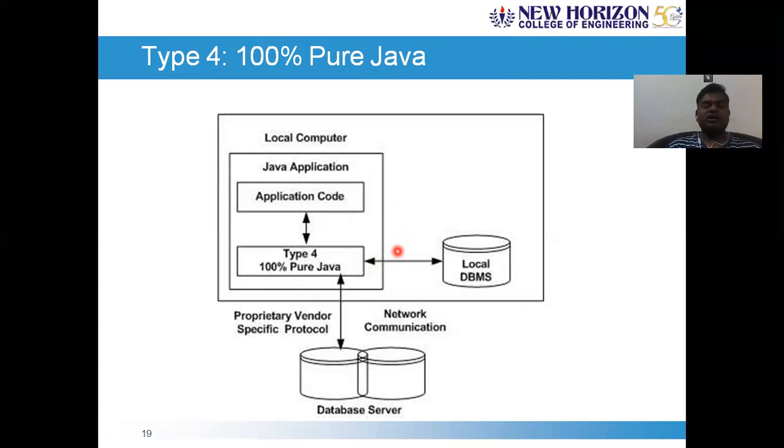We call it a pure Java driver, which converts the code directly to DBMS understandable code. The only thing is, a DBMS specific driver should be installed or used as a part of your application.